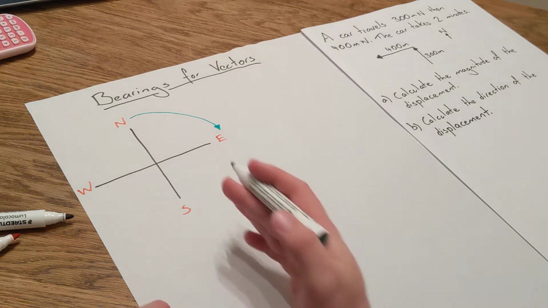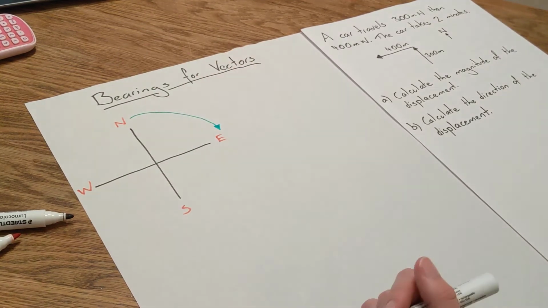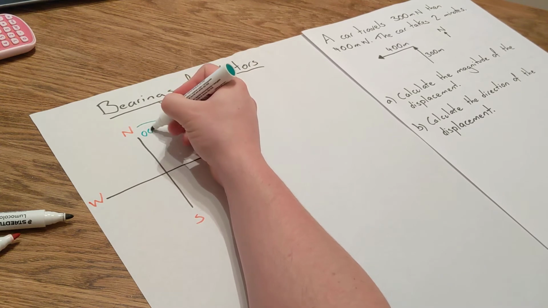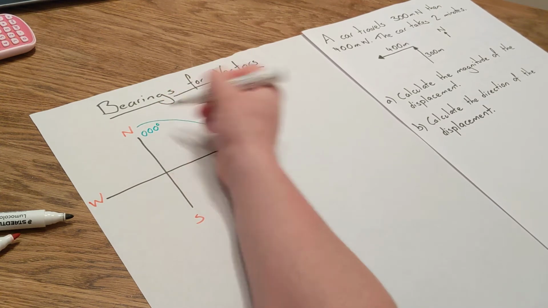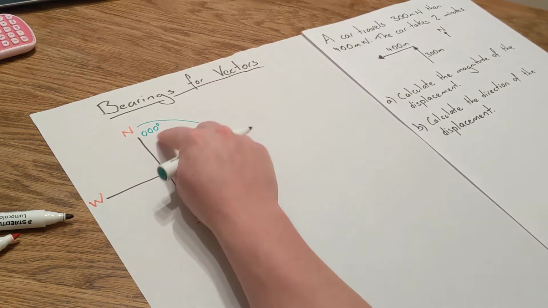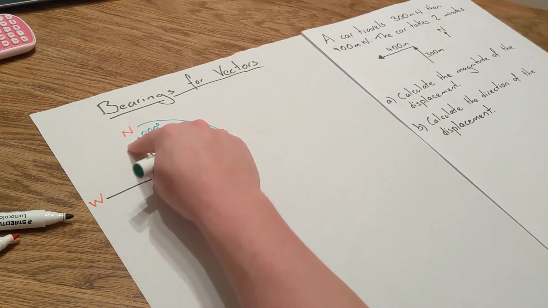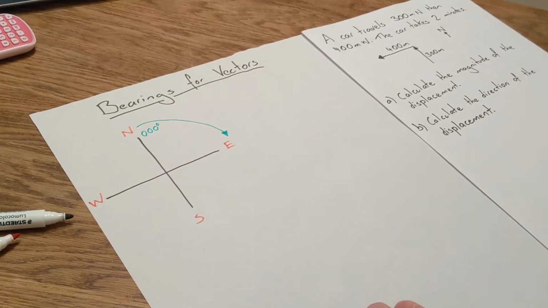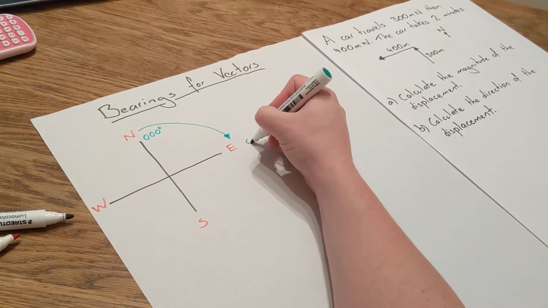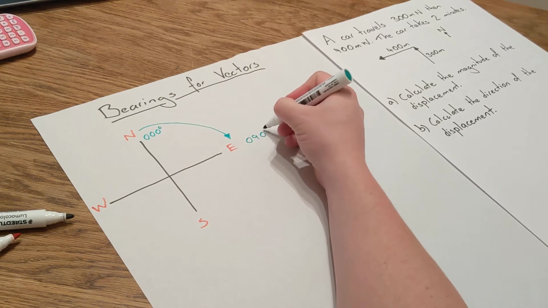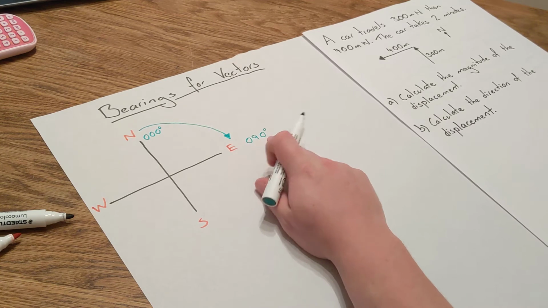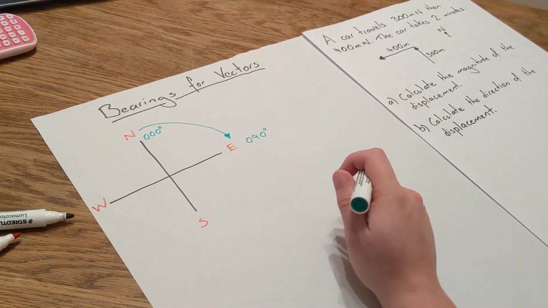That means straight up north is your starting point, and we're going to call straight up north 000 degrees. We use three figures because by the time we've gone all the way around the circle, we'll have got to 360. So directly east, due east, is 090 degrees, so 90 degrees. But we have to write it out in three numbers like that, so it matches.